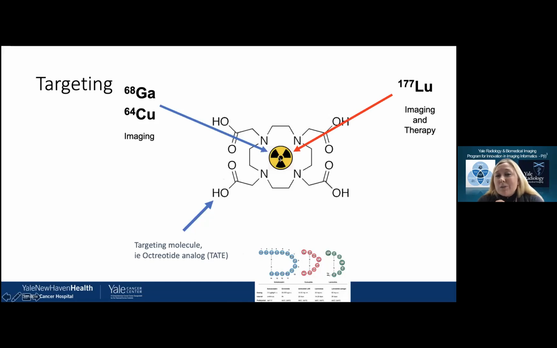So you keep the molecule the same, you keep the targeting the same, but the radionuclide now is actually emitting beta particles that can act as a therapeutic for neuroendocrine tumors. So this would be called, very logically, I know you're thinking about this, lutetium, DOTA, dotatate. And there you go. Very simple. So we imaged with gallium dotatate and we treated with lutetium dotatate. And the only thing that changed was the radionuclide inside. So you know this drug, whatever we imaged, that's exactly where the treatment went.